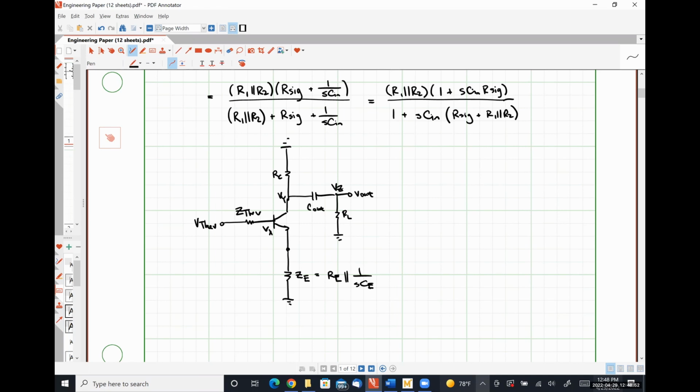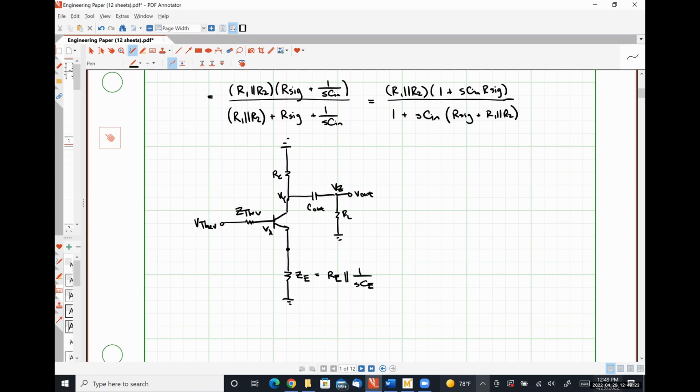Okay, we're going to do the exact same thing. That treatment effectively says that we have Vx over Vthev as a voltage divider circuit, where we want the resistance looking in through the base divided by Zthev plus the resistance looking in through the base, right?